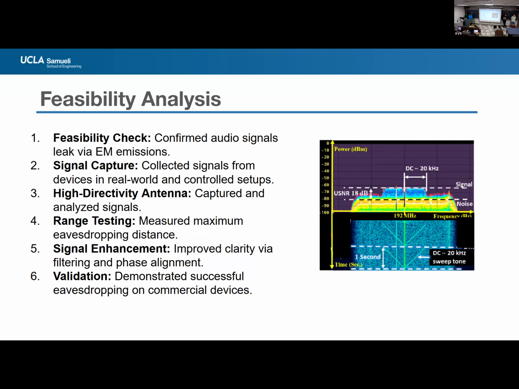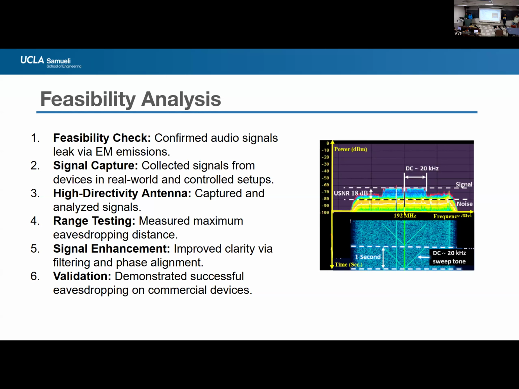The initial setup is designed to capture the audio signals leaked from commercial devices like voice recorders and Bluetooth earbuds using EM radiation. These SOCs are tested both in a controlled environment and in a regular office setting, to assess the risk of such attacks.